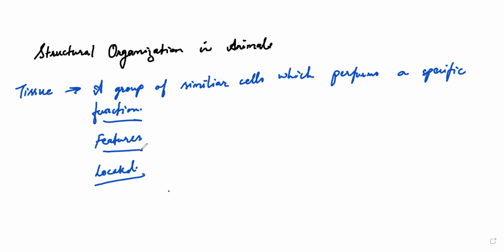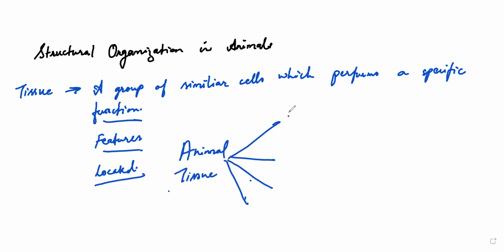So the first basic, if I take the animal tissues, they are of four types. That is epithelial, connective, muscular, and neural.